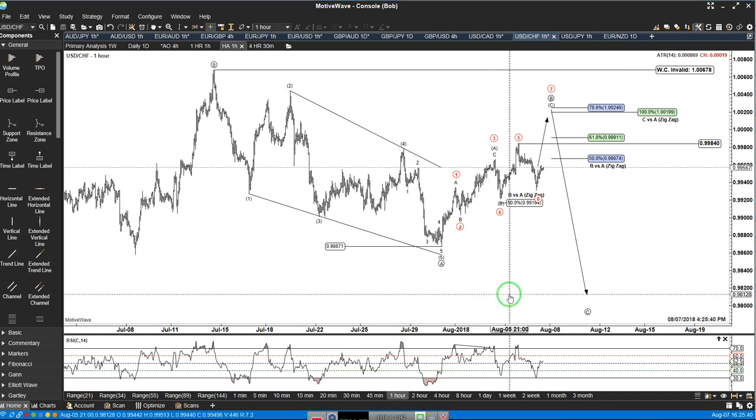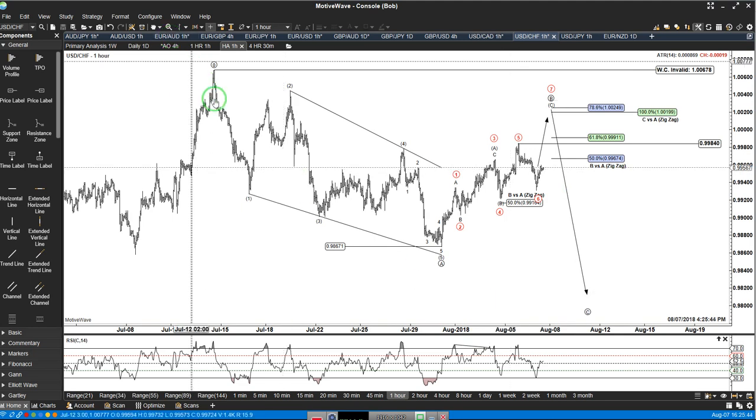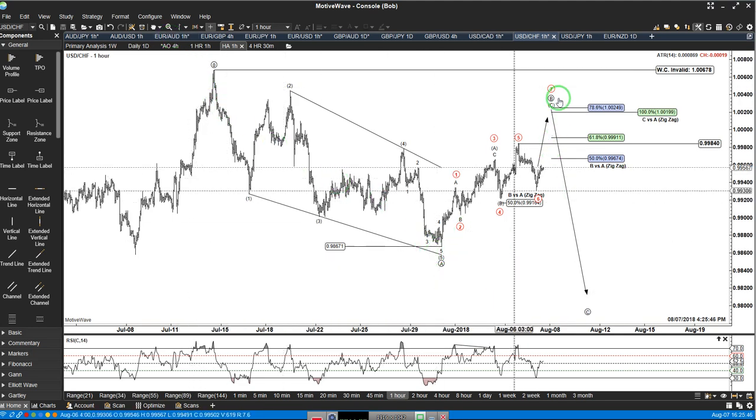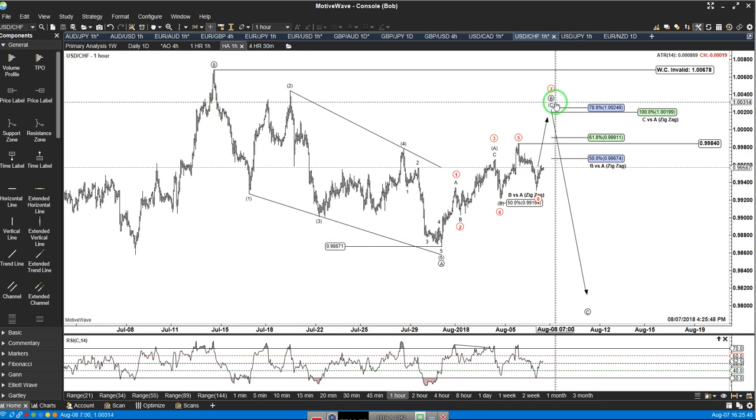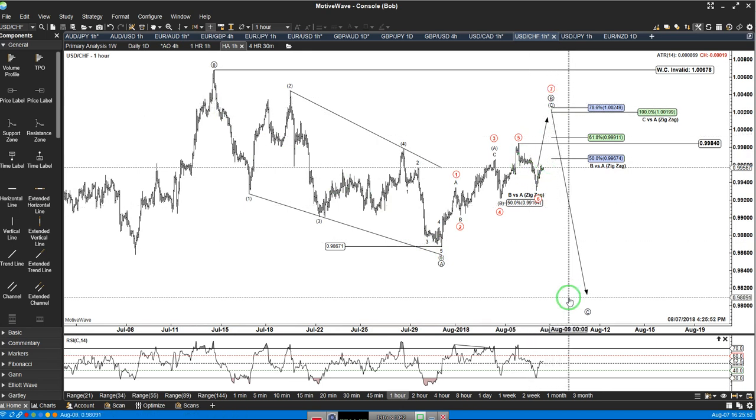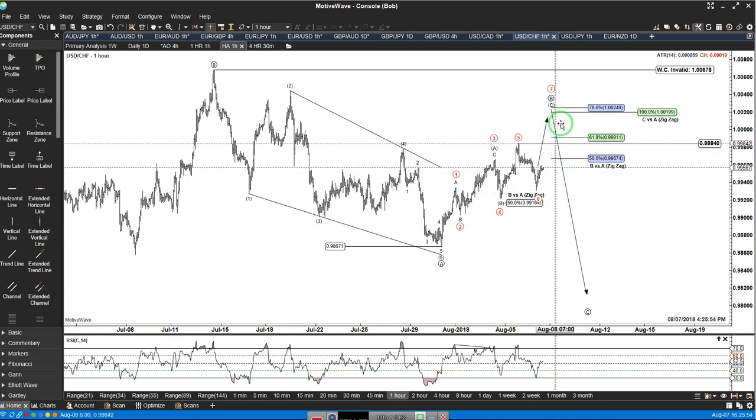So if that happens, either way, I think this is a leading diagonal A. We're working on B. Whether that starts here, turns around, drops down, or from up here.